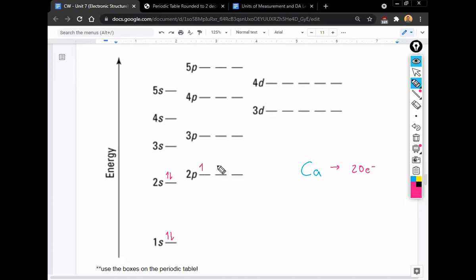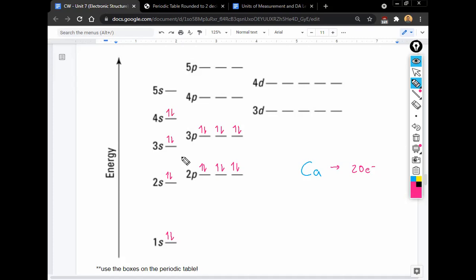And then we want to do the empty ones first. 6, 7, and then we go back and pair them up. 8, 9, 10. Move up to the next energy level. 11, 12, 13, 14, 15, 16, 17, 18, 19, 20.